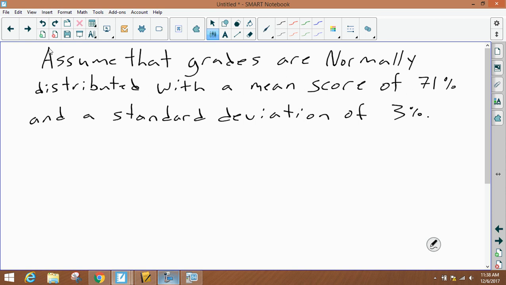We are going to find the probability that you randomly choose a student, and that student has a 60%. We can also say, what is the proportion of students that have a 60%?